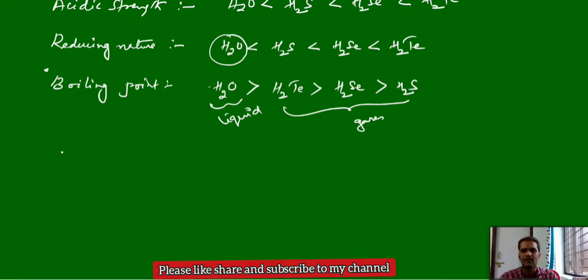Next, one more important trend, bond angles. This is also very important. Bond angle, same as in 15th group hydrides, decreases from top to bottom.